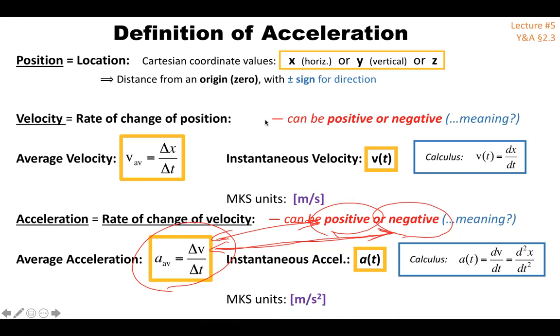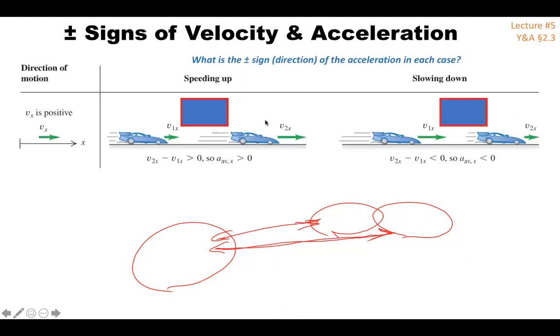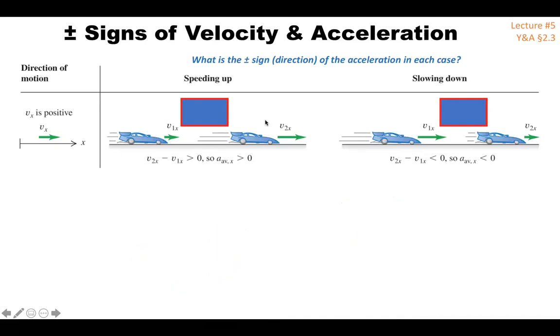Because if the velocity is positive to begin with, for example, then when you make the velocity more positive over time, that object is speeding up.